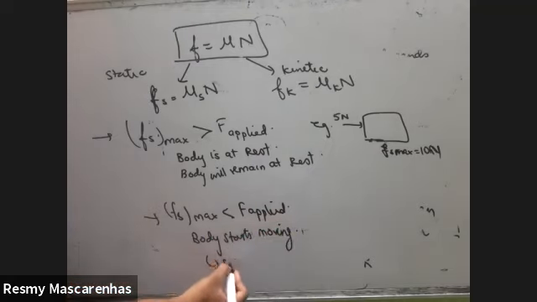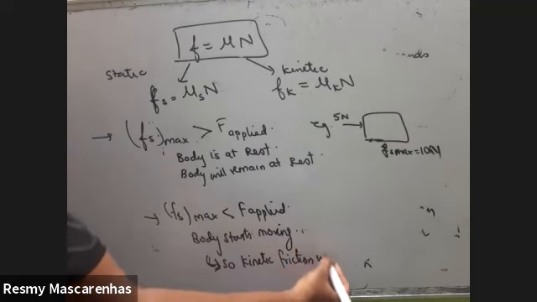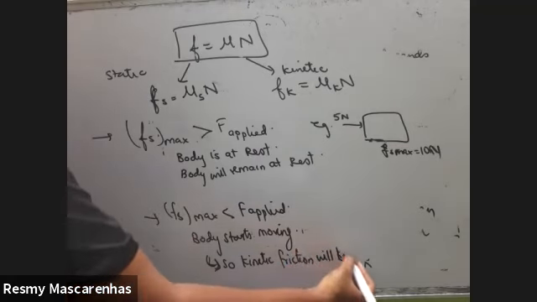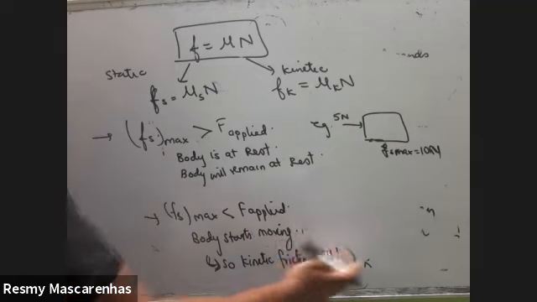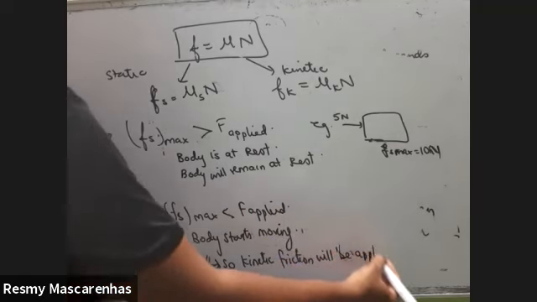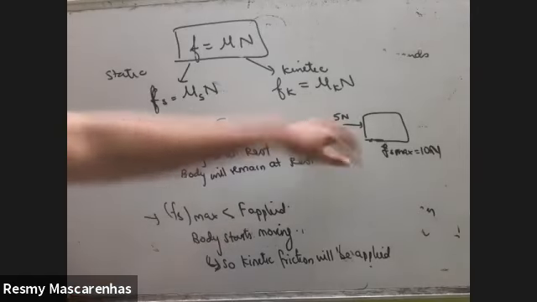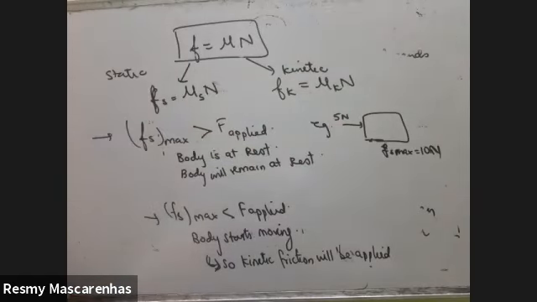If the body is moving, definitely kinetic friction will come into the picture. The moment it crosses the limit, then it will be kinetic friction. Before that, it will be static friction.